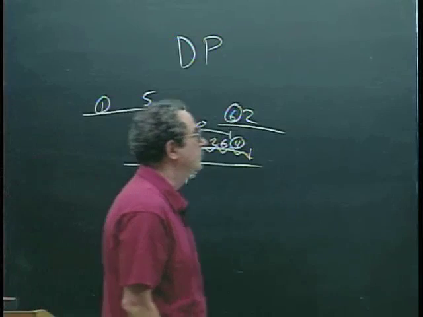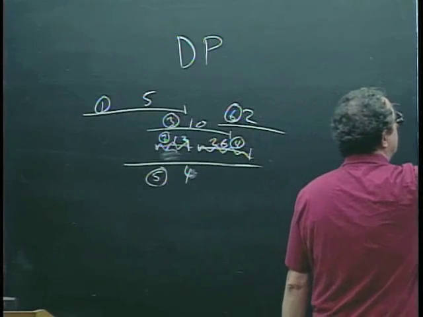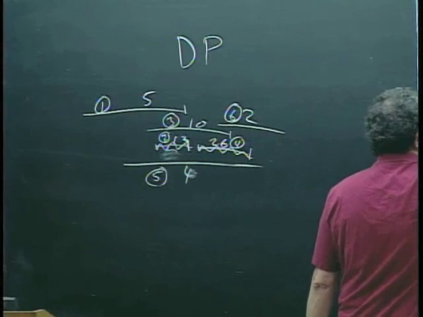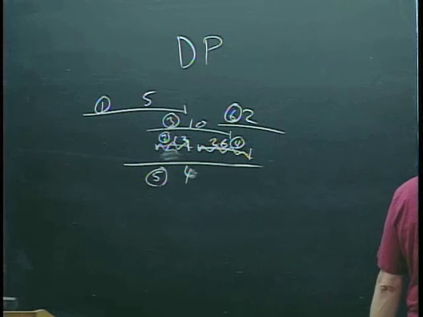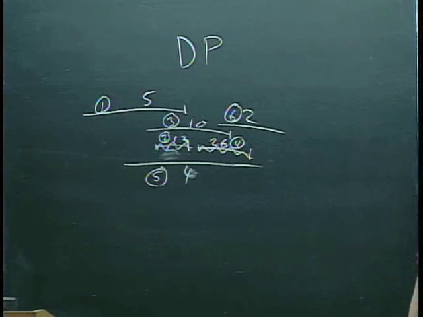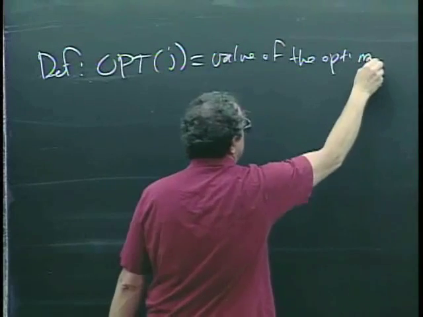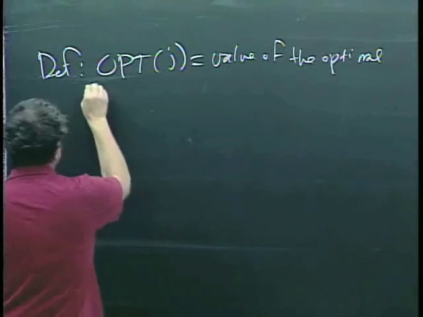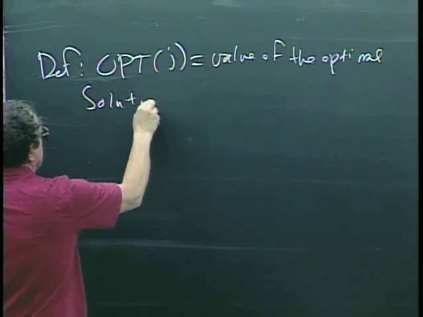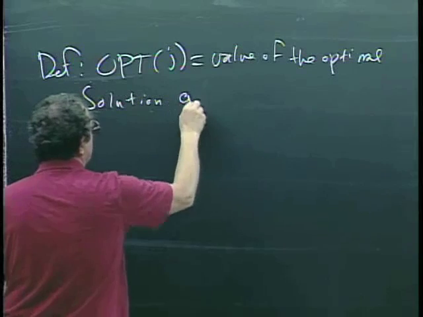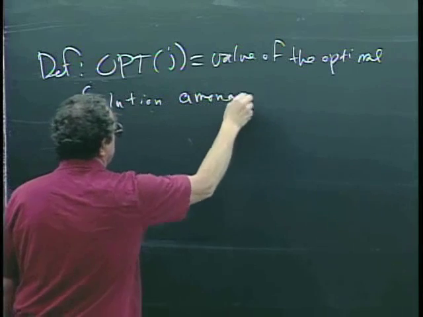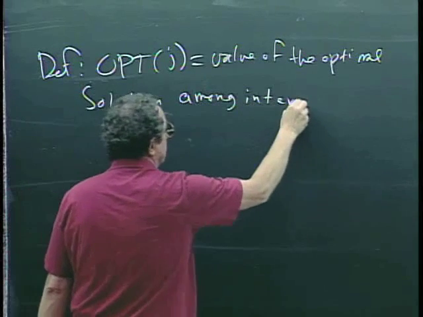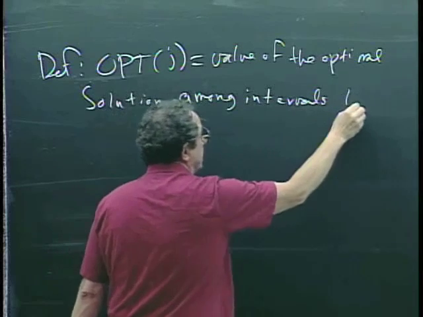And then we defined opt of j to be the value of the optimal selection among intervals 1 through j.